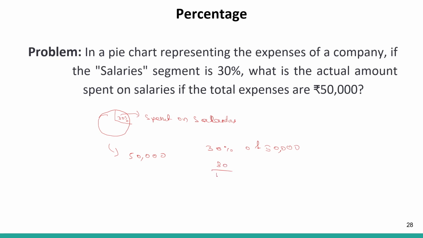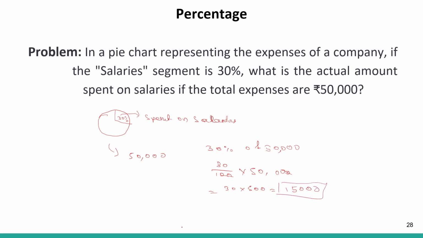So 30 by 100 into 50,000 is equal to, so the zeros are cancelled here. So 30 into 500, that is equal to 15,000. So 15,000 rupees is spent on salaries.